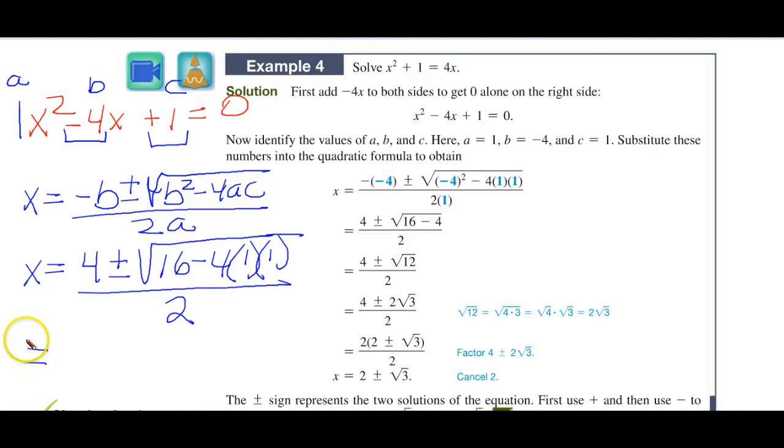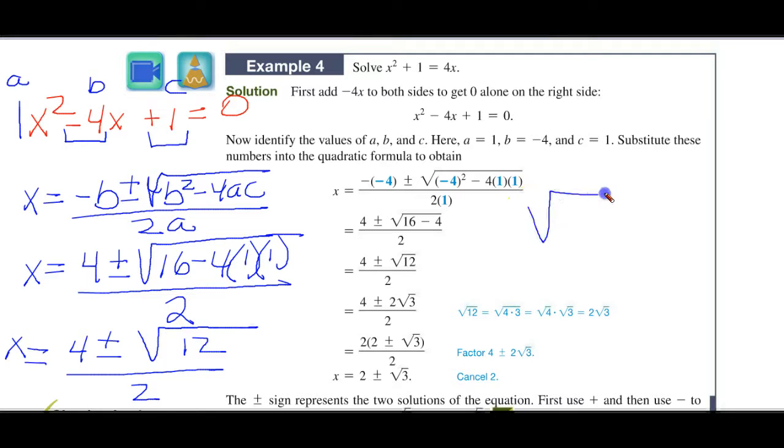So we then get x equals 4 plus or minus. Now this is going to be a -4, so this becomes plus or minus the square root of 12 over 2. But now the square root of 12 we know is actually, let me do it over here, the square root of 4 times the square root of 3.